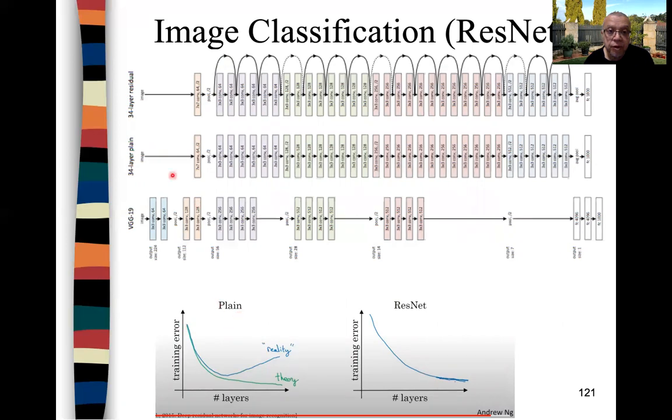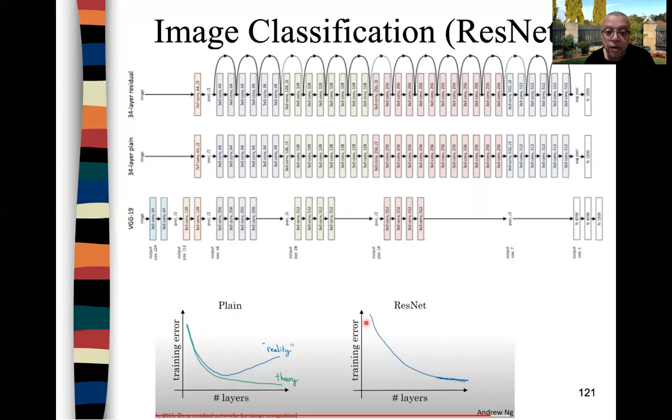With the plain model, the training error is supposed to go down in theory. But actually in reality, when you increase the number of layers, it increases. This has been noticed.